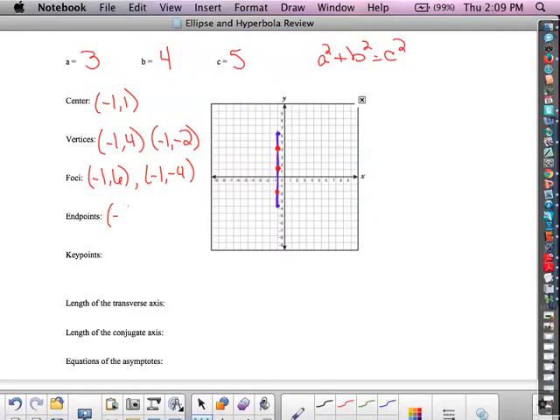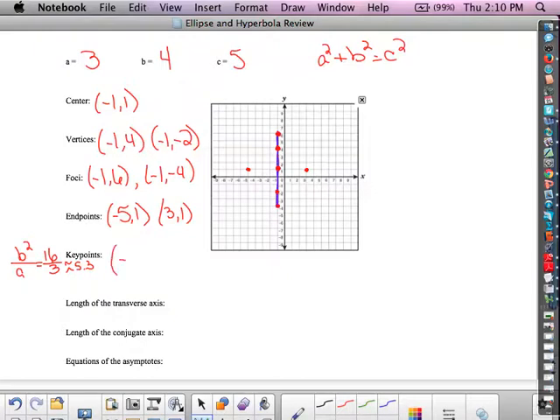So at minus 5, 1, and 3, 1. Then your key points are at b squared over a, so 16 over 3, which is approximately equal to 5.3.